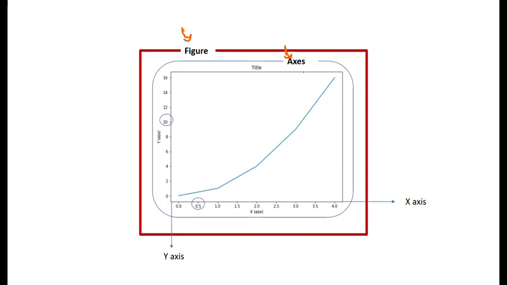Okay, now inside each axis we have so many sub-objects, smaller objects, like for example the x-axis here, the y-axis, the label of the x-axis, the label of the y-axis, the text like 10, 12, 14, the title of the plot or the graph. All right, all of these components are parts of the parent axis object.